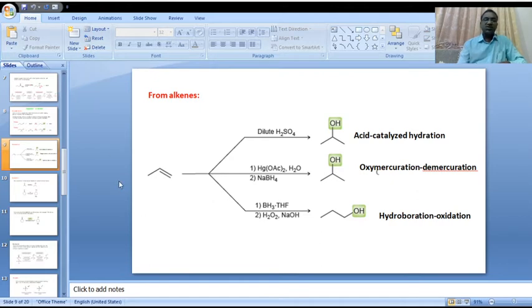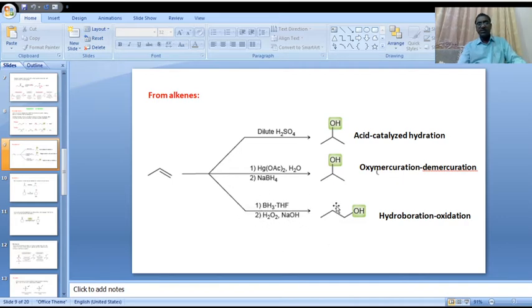The same starting material, propylene, on reaction with BH3, borane, in presence of tetrahydrofuran, hydrogen peroxide and sodium hydroxide. In this reaction, tripropyl borane is formed as an intermediate.